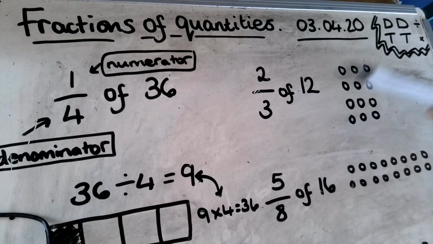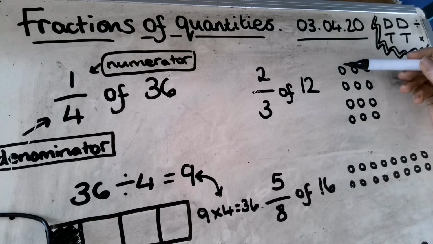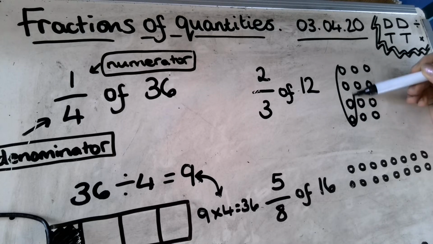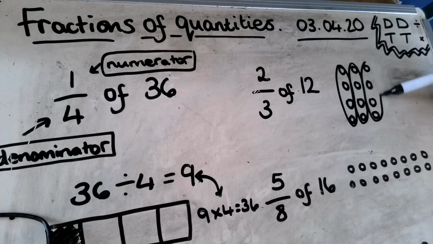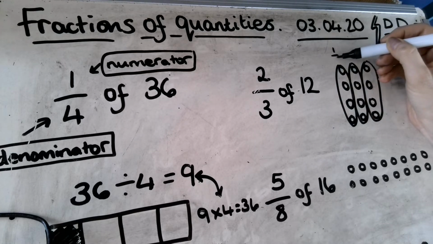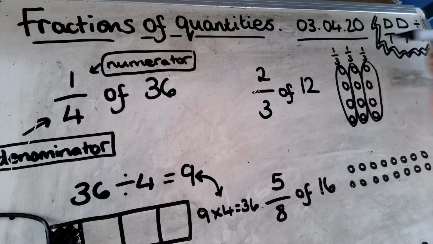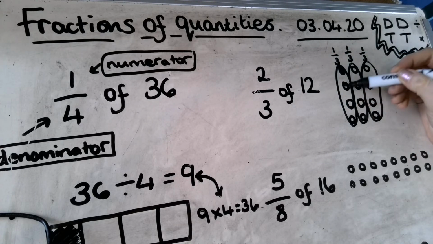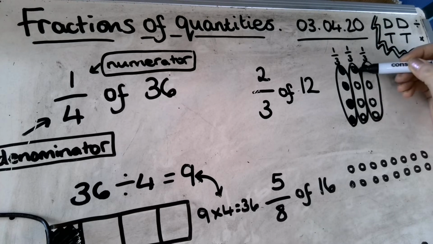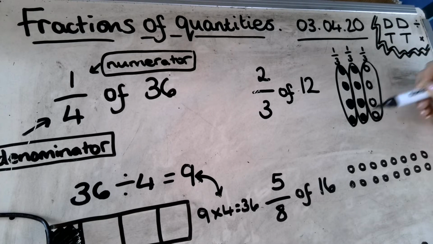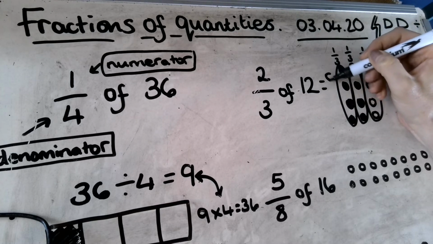Because my denominator is 3, that's one group, 2 groups, and 3 groups. So this would be 1/3, another third, and my third, which makes it a whole. So I need 2/3, so I need this group here, and this group here.